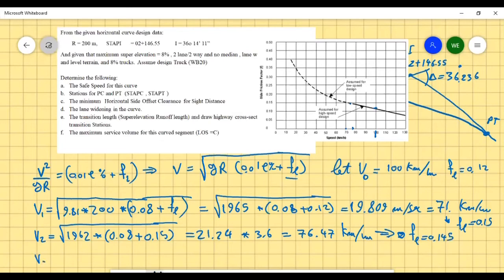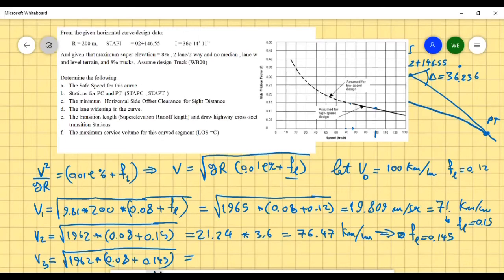Let's substitute here. V3 equals the square root of 1962 multiply 0.08 plus 0.145, which equals the square root of 1962 multiply 0.225.